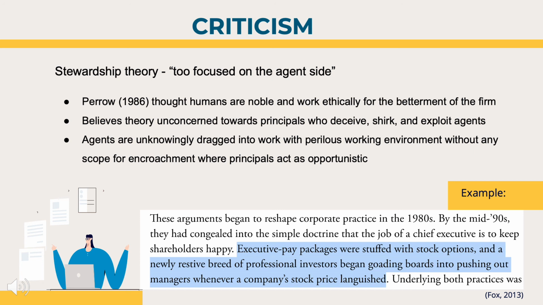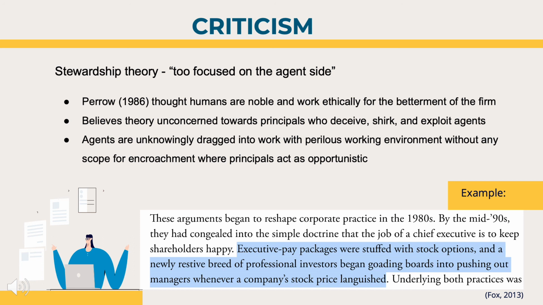It shows how principals may act opportunistically in increasing the shareholder value, and once managers can't meet the expectations, they are pushed out of the company as seen here. Which just proves, according to the stewardship theory, that principals act opportunistically and that they exploit agents in this case because of their high profit-driven motive.